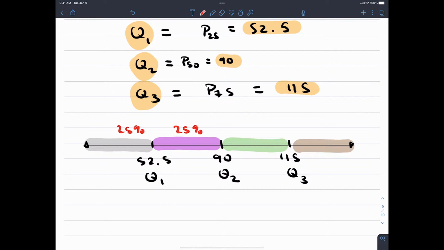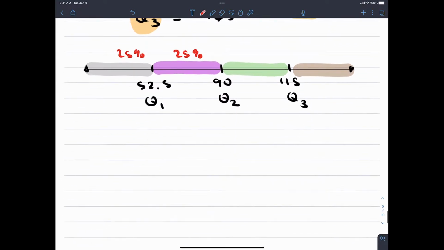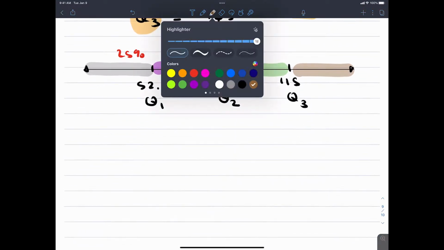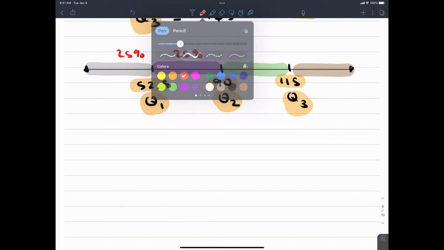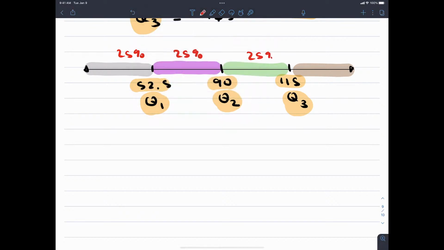But I want to say between these two, you have what again? 25% of the data. Does that make any sense? What about between Q2 and Q3? You have what again? 25%. And then what? 25% here.